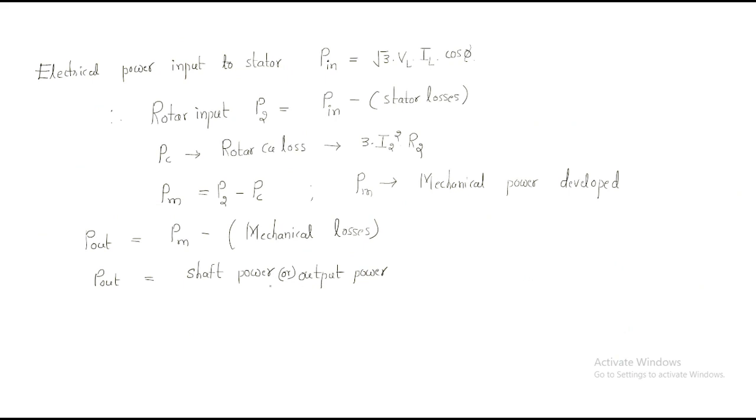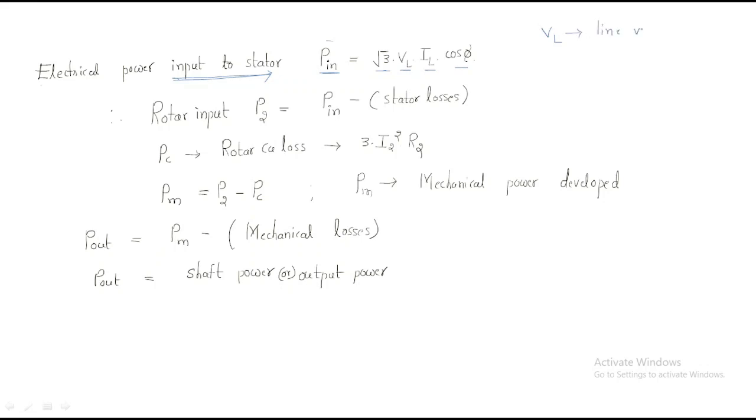Now we will discuss some points about these powers. Generally, the electrical power input to the stator is P in, the input power, which is root 3 into VL into IL into cos phi, where VL means line voltage.